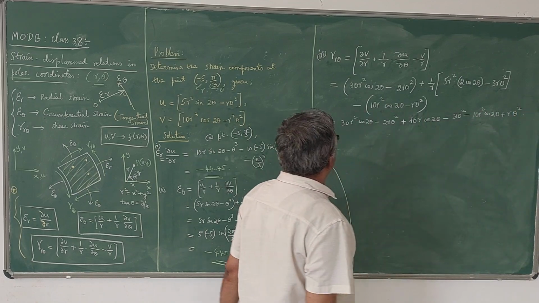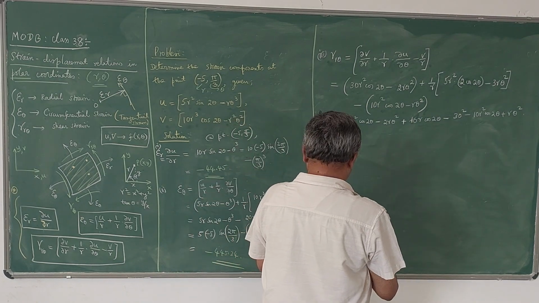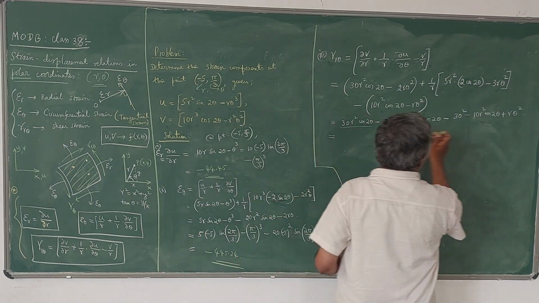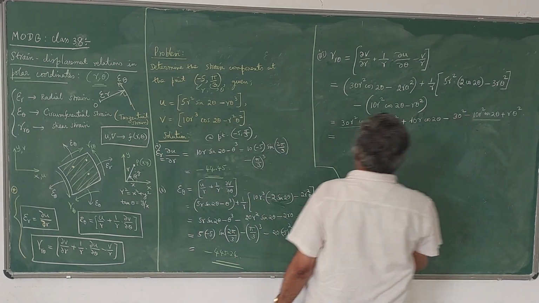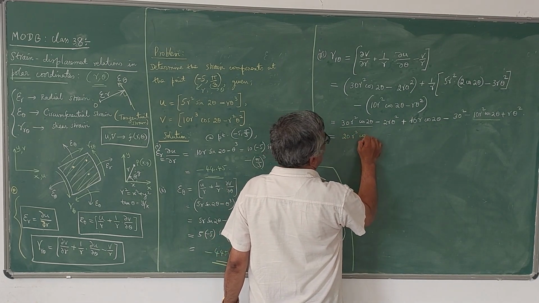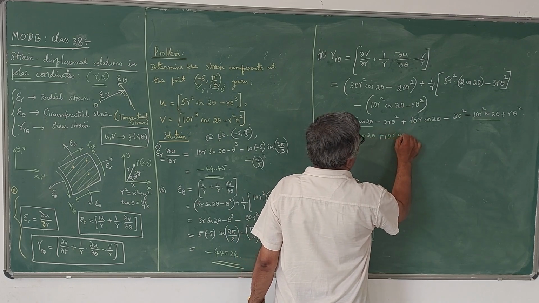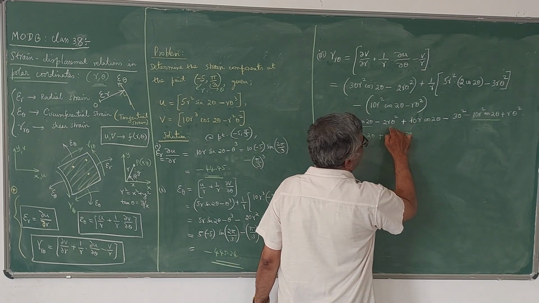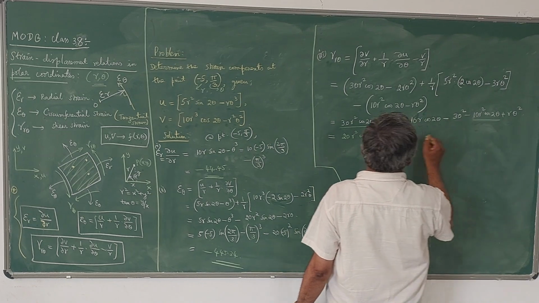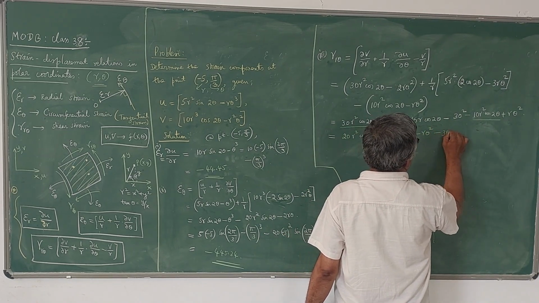You can see these two we can combine, 30 r square cos 2 theta and 10 r square cos 2 theta. It becomes 20 r square cos 2 theta plus 10 r cos 2 theta, and if you combine this and this, minus r theta square, and this is minus 3 theta square.